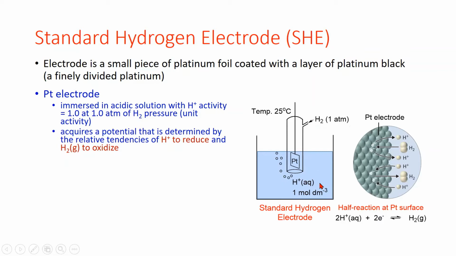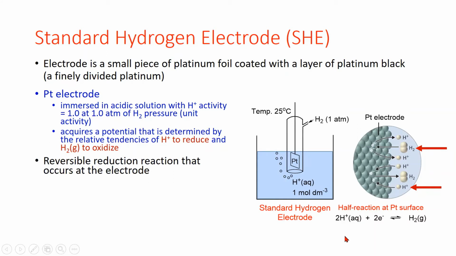The electrode acquires a potential that is determined by the relative tendencies of protons to reduce and hydrogen to oxidize.